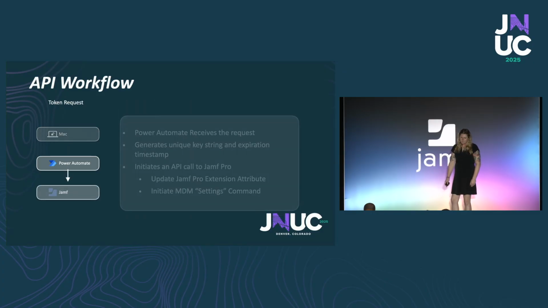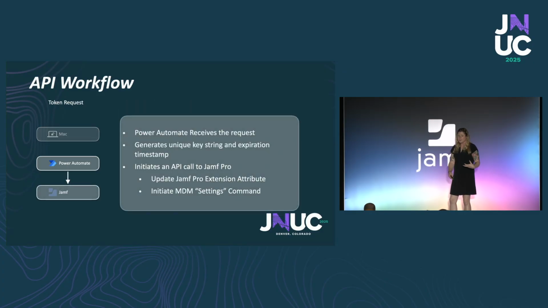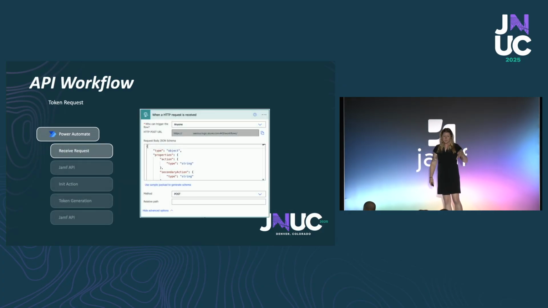So Power Automate is going to receive that request, and then it's going to generate a unique key and an expiration timestamp that it can deliver to both the Jamf extension attribute and initiate an MDM settings command that will send an MDM command down to the device and land a file on the device that we can use to compare in our script. So I'll show you what that Power Automate flow looks like.